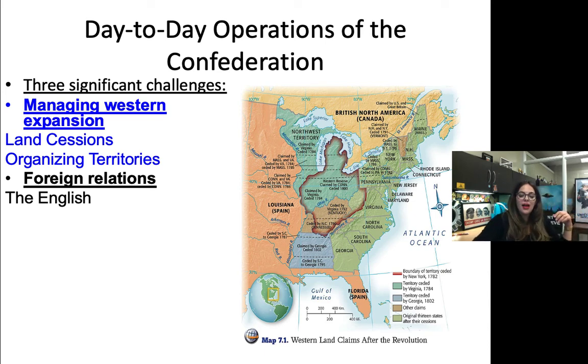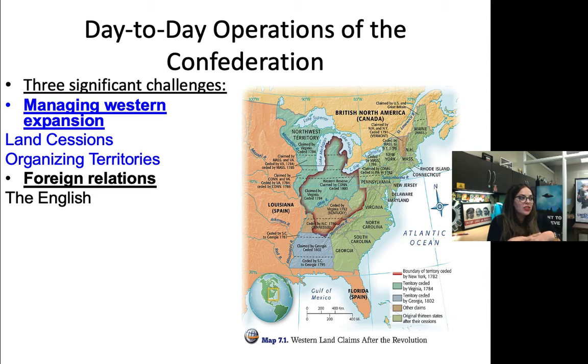In the case of the British, we won our independence, so, okay, good, which means the British should have left, right? Well, they didn't. There are a lot of English still sticking around here, and we can't do anything about it. We're trying to kick them out. The war is over. We won. They need to vacate.